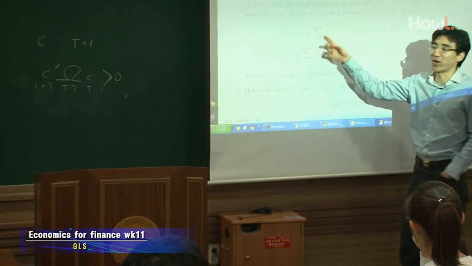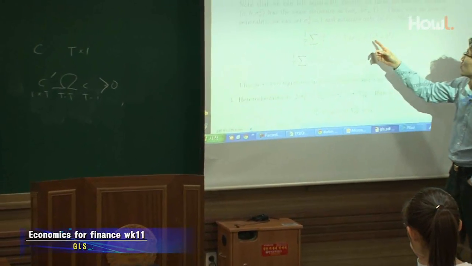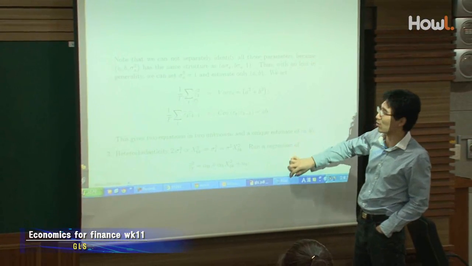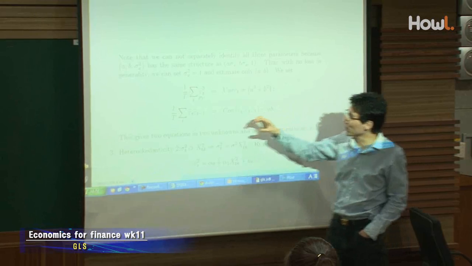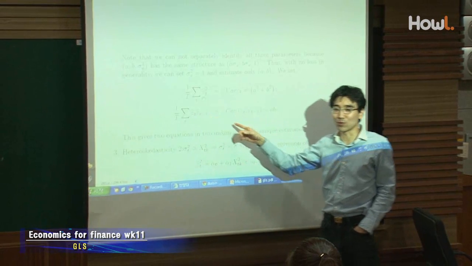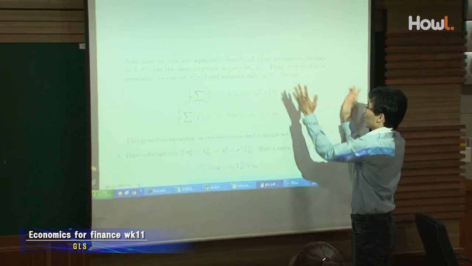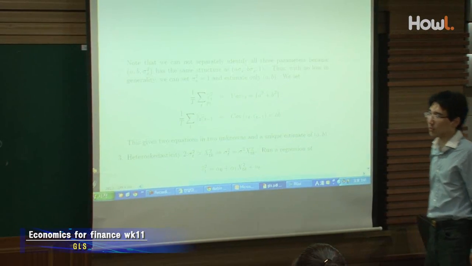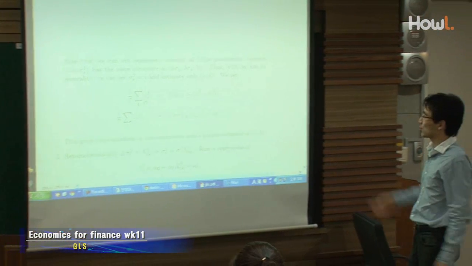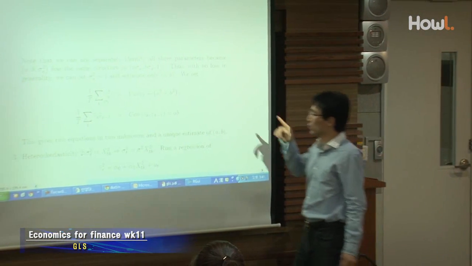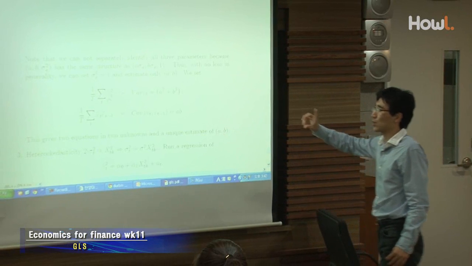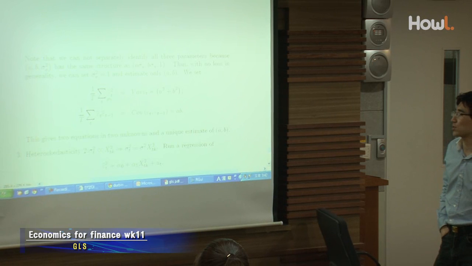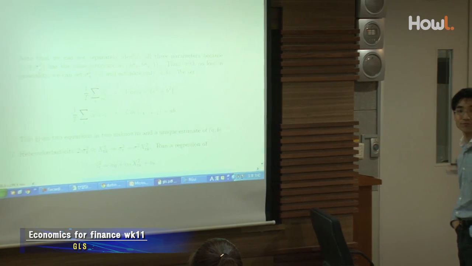You can simply calculate the variance of this error term, which should be equal to a squared plus b squared. Then, with the OLS estimates of those error terms, you can multiply consecutive residuals together and take the average, which will be the estimate of the covariance, which should be ab. With two equations and two unknowns, we solve for a and b. This kind of procedure is called the method of moments.